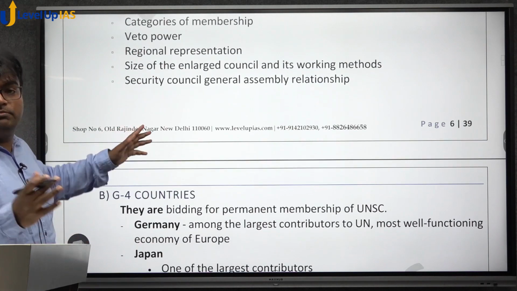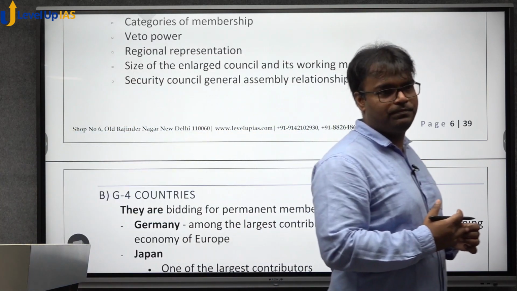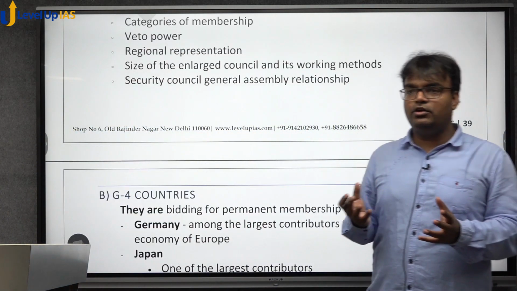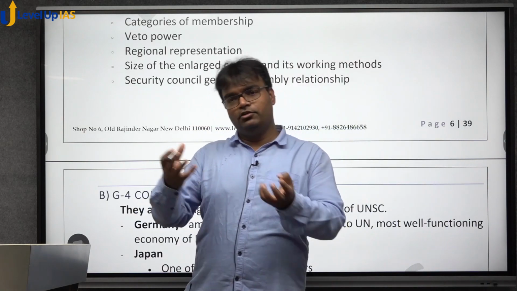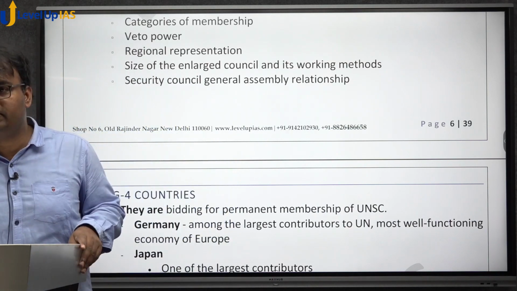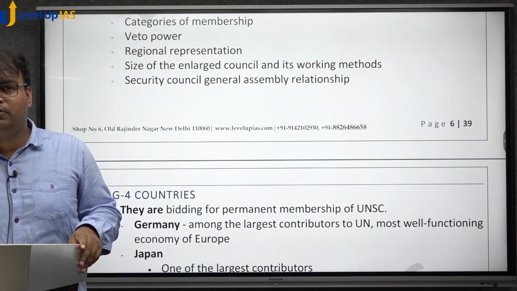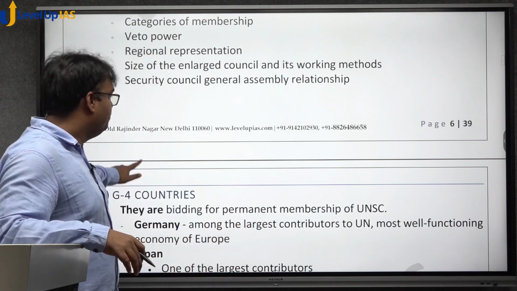Security Council and General Assembly relationship issues are also being discussed, because right now in many cases there's a conflict in UNGA's function and UNSC's function. Their responsibilities come in conflict with each other. How to reform that? These are some areas where reforms are being discussed.